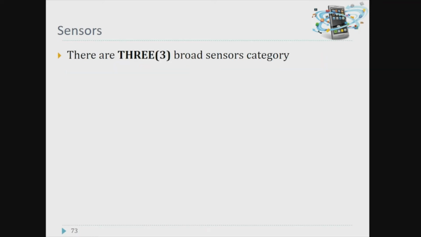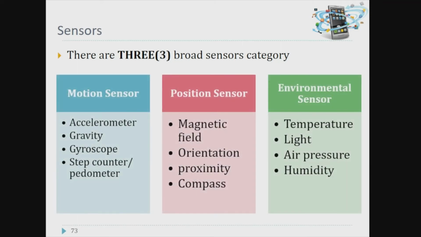Okay, and then there are three broad sensor categories: the motion sensor, position sensor, and environmental sensor. So you should know what each sensor is used for. For the motion sensor, we have the accelerometer, the gravity, the gyroscope, the step counter, pedometer.